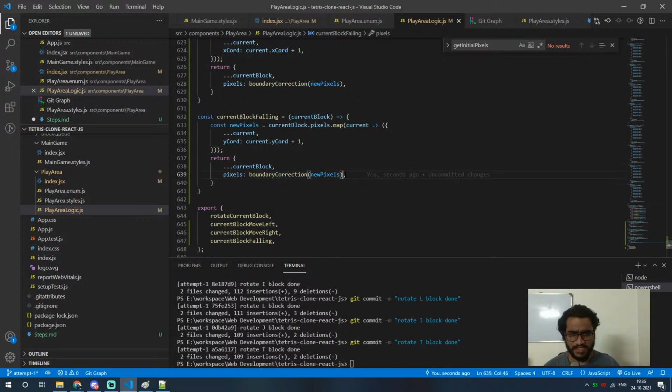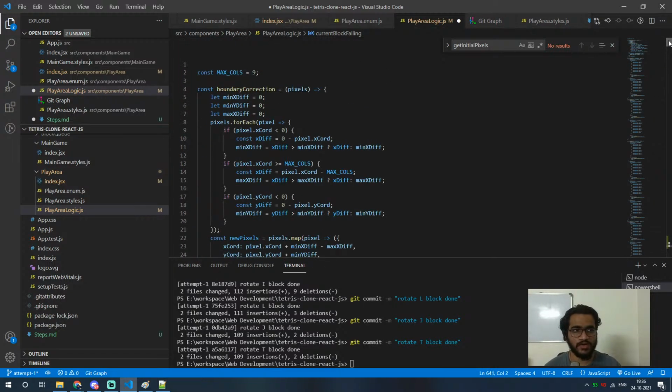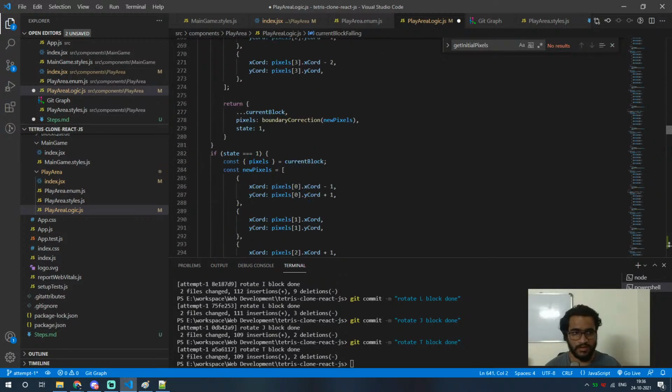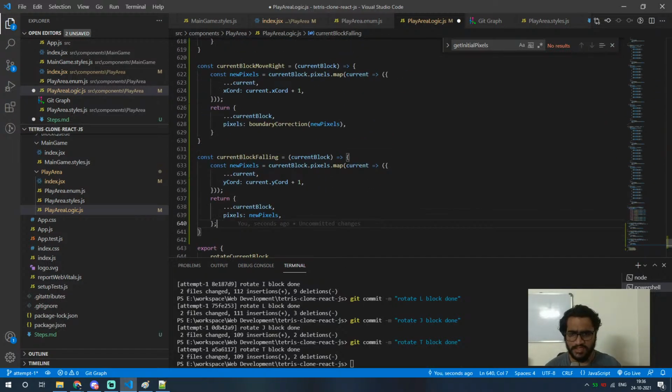We will not check them with boundaries because the boundary check does not have the bottom. We will just add one here. If it is greater than 19, it should just stay on 19.